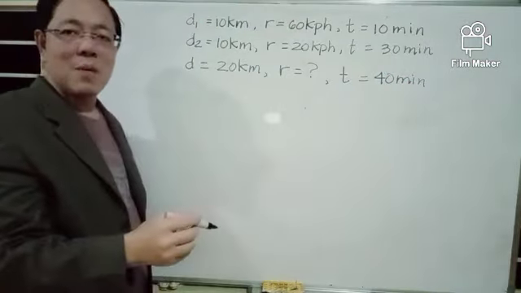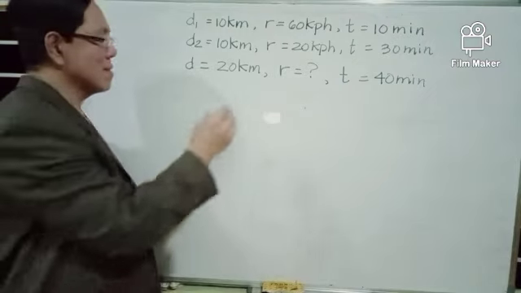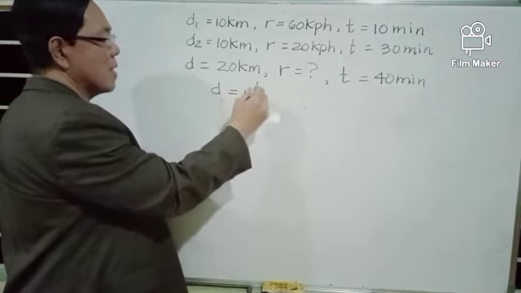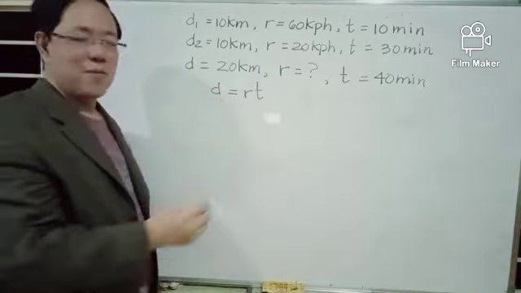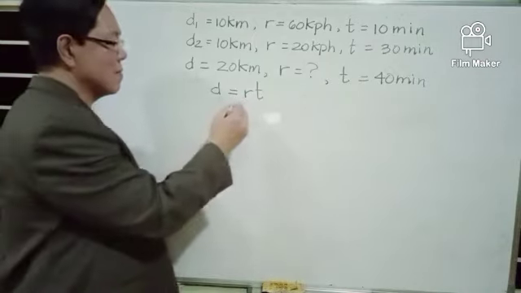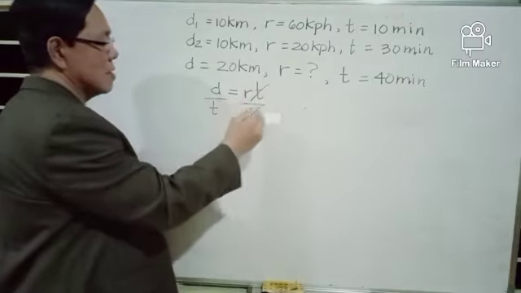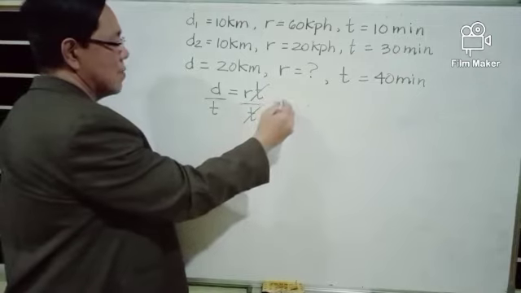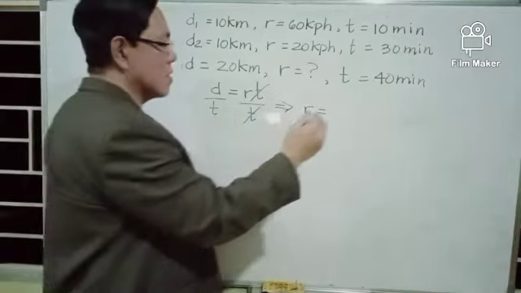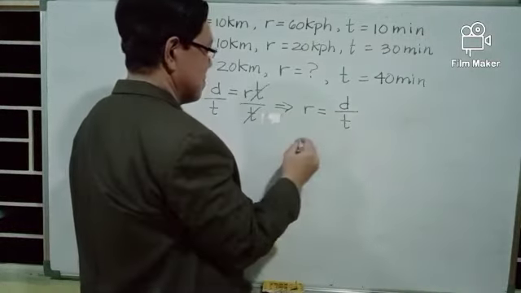And we find the average speed using the formula for distance given by the following. Distance equals speed multiplied by time. And we can solve for R from this equation by dividing both sides by T. Cancel T. And this implies R is equal to D, distance traveled, divided by time traveled or time elapsed.